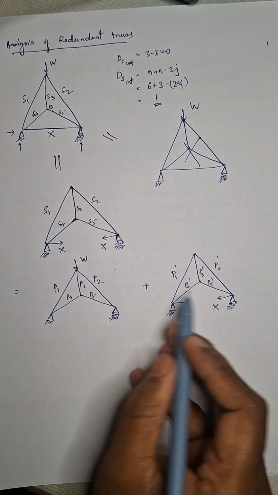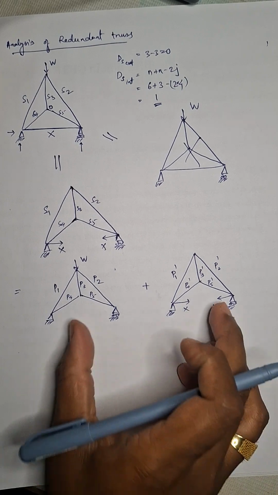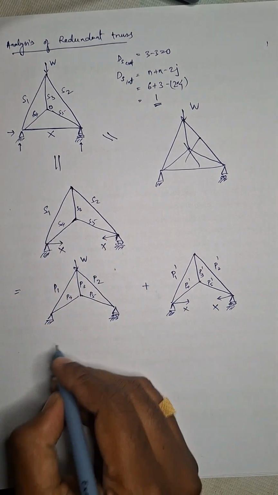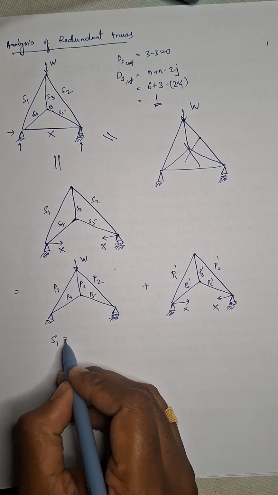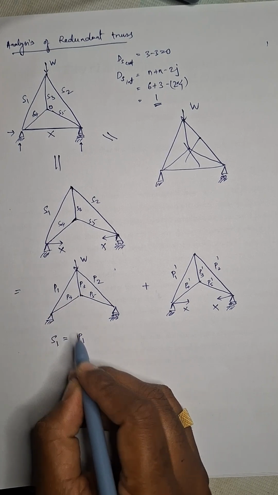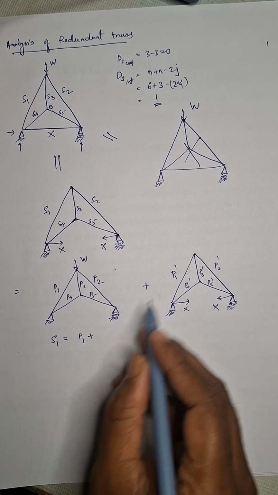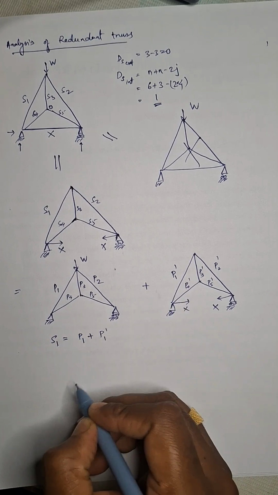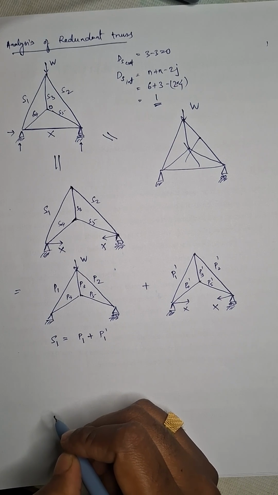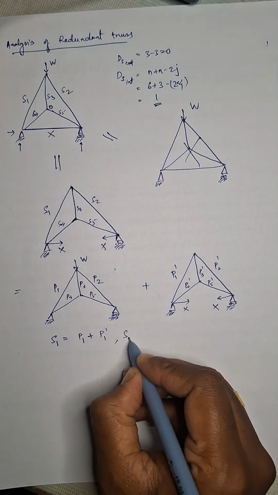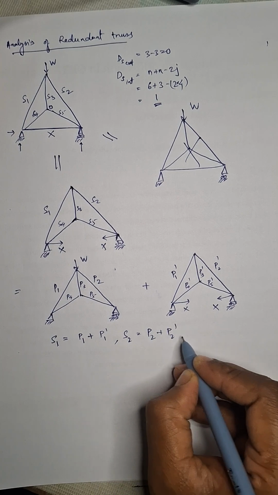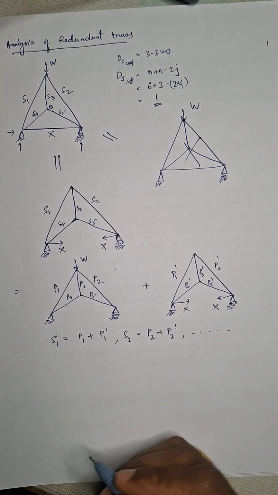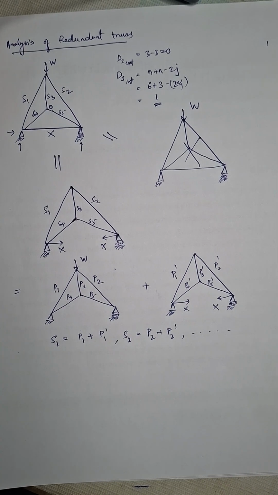As the addition of these two structures will lead to this structure, we can write S1, the member force here, is equal to P1, the member force in the first system, plus the member force in the second system, P1 plus P1 dash. Similarly S2 will be P2 plus P2 dash. Similarly all the member forces can be found out.